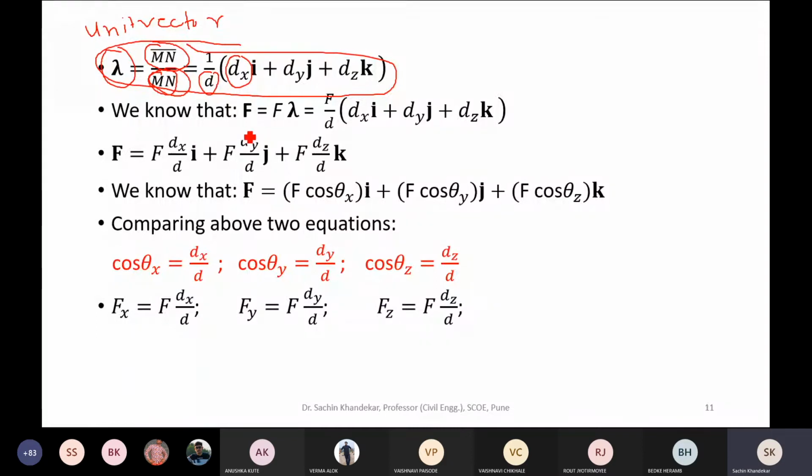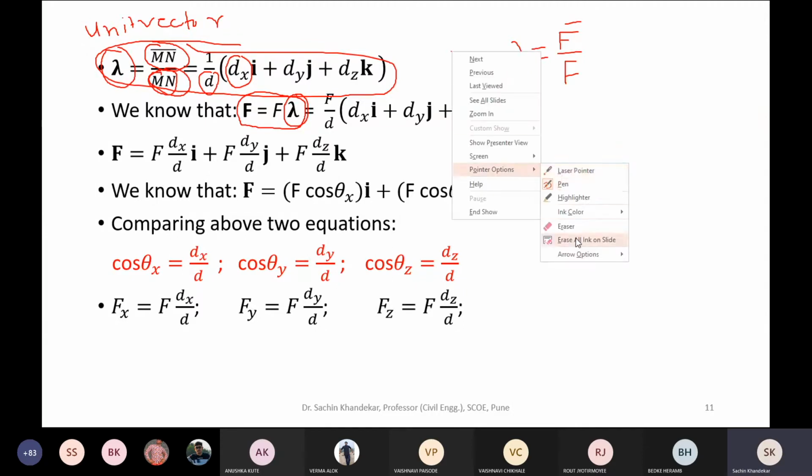Also, we know that the force vector F is equal to its magnitude multiplied by the unit vector, or F bar is equal to F into lambda bar. Lambda bar is a vector quantity. Please note that the bold face letters are the vectors.